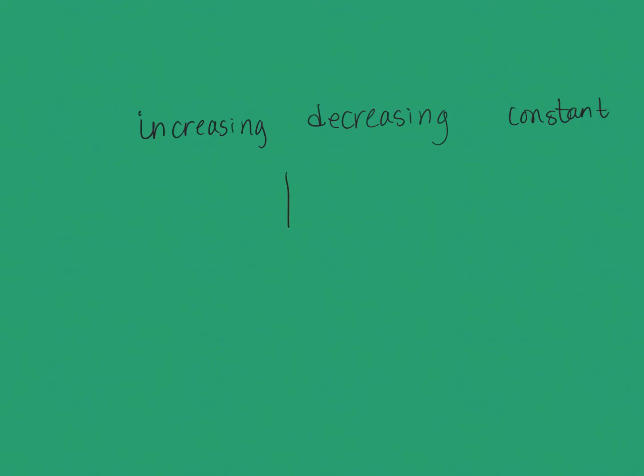Let's take a look at a function that looks like this. I'm going to say that this is negative 5 right here, and we'll say that's 0. And right here is negative 3.